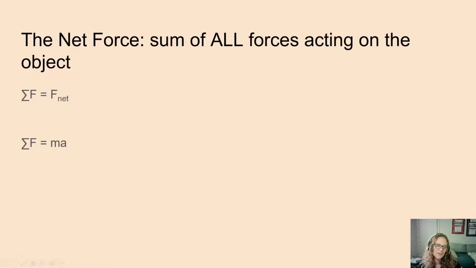So when we're actually doing all these problems of F equals ma, we're really finding out what the net force is, which is the sum of all the forces. So it'll be like the force normal plus the force of gravity plus the force of applied, and that will equal the mass times acceleration, and that will give us information about all the forces acting on that object.